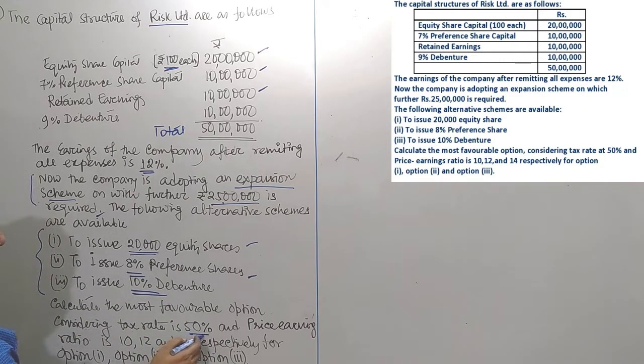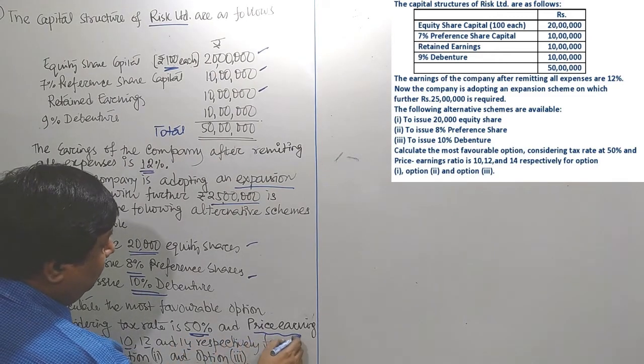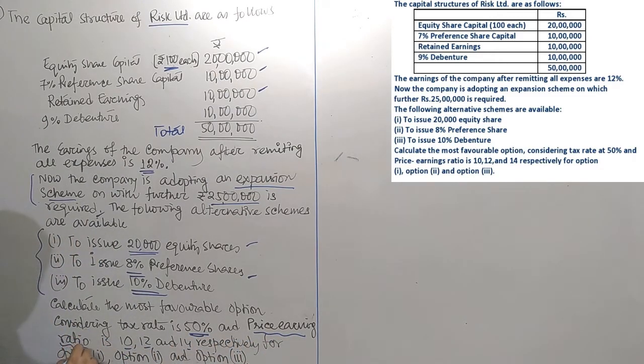Considering the tax rate is 50% and the price earning ratio is 10, 12 and 14 respectively for option 1, option 2 and option 3. Now, whenever the price earning ratio is available to us, then you have to calculate market value per share.